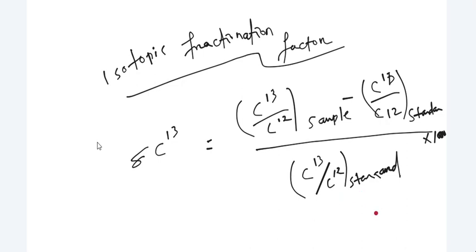This is expressed in per thousand, with this symbol. This is the isotopic fractionation factor of carbon.